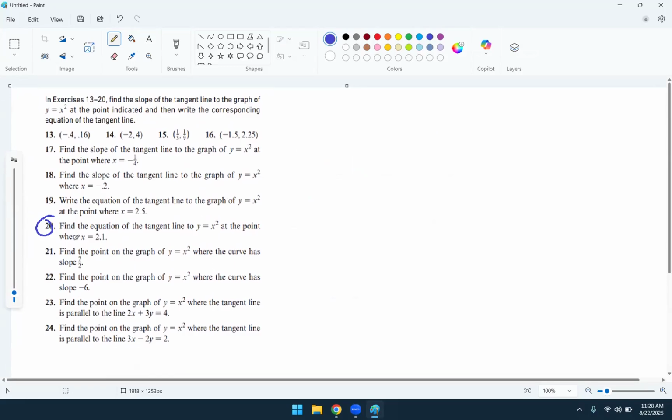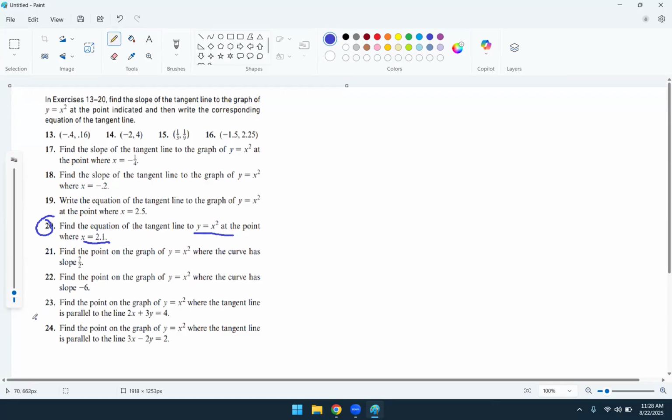It says find the equation of the tangent line to y equals x squared at the point where x is equal to 2.1. So here's the curve. That's just the parabola that opens up with vertex at the origin, if you recall from algebra. But we want to find the equation of the tangent line at that x coordinate.